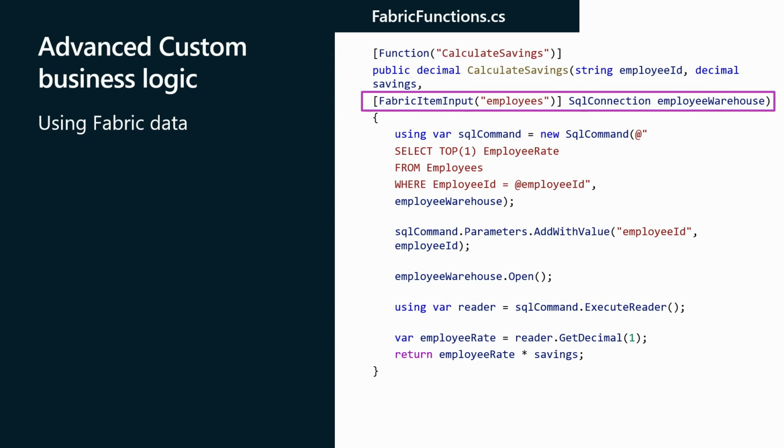You are given a connection for the data source that you select. And with that connection, you can just read the data, then implement your logic to validate it, to augment it, anything that makes sense for your application, and then even write it back. This makes it very, very easy and developer-friendly to implement custom business logic in Fabric.